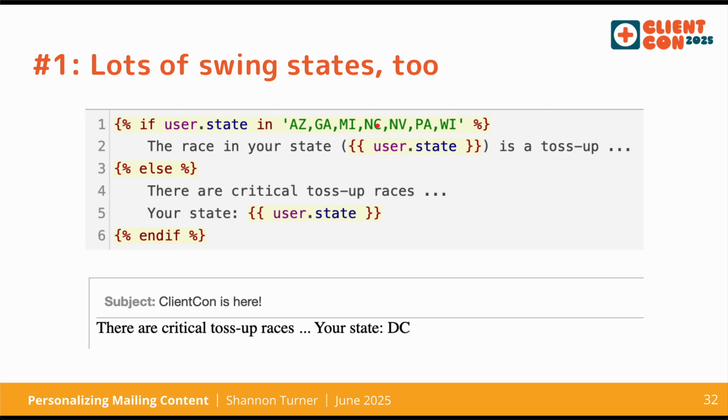This is also how I do it for the US district example previously as well. So if user.location.us district is in Arizona 01, Arizona 06, Colorado 8, and so on, then the race in your state or the race in your district is a toss-up. Otherwise, these are some critical toss-up races.